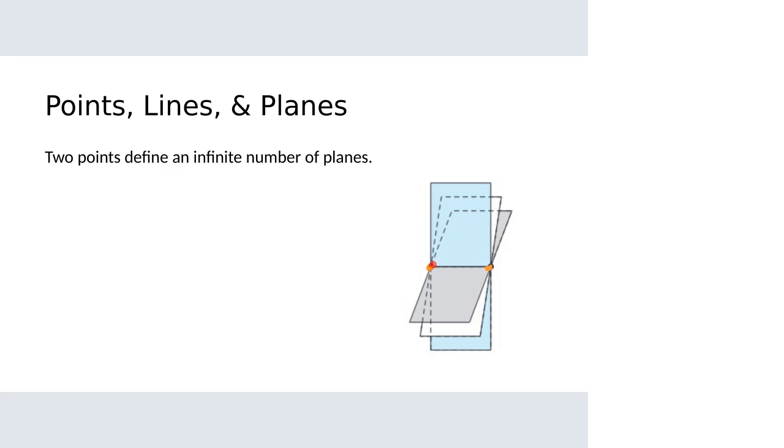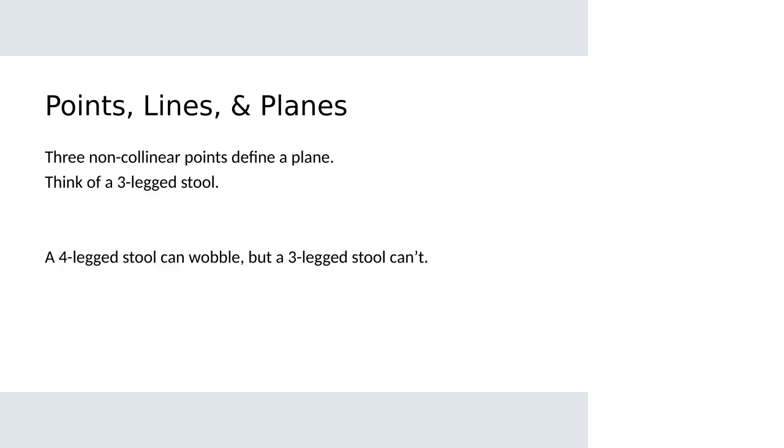And this idea here that if we have this line, there are an infinite number of planes that could go through that one line. Then when we get into points, if we have three non-collinear points, so they're not on the same line, they're like this, those three non-collinear points define a plane.